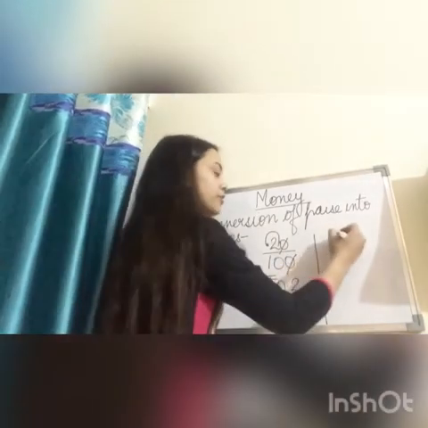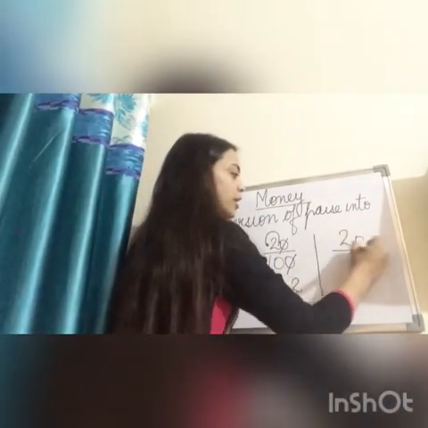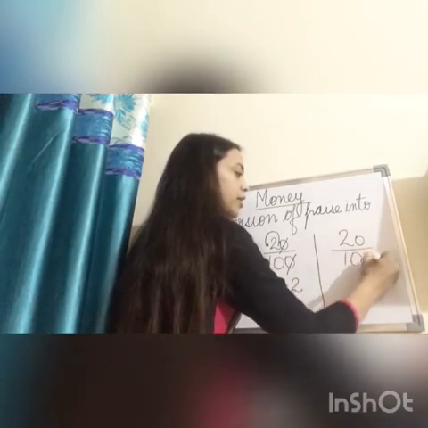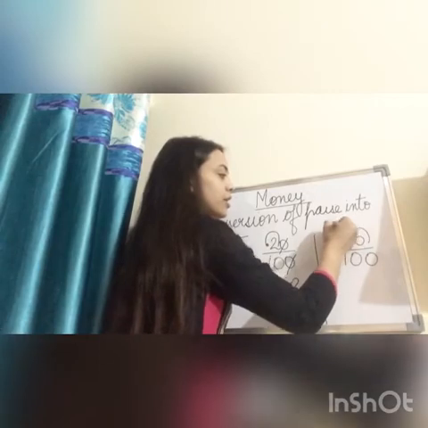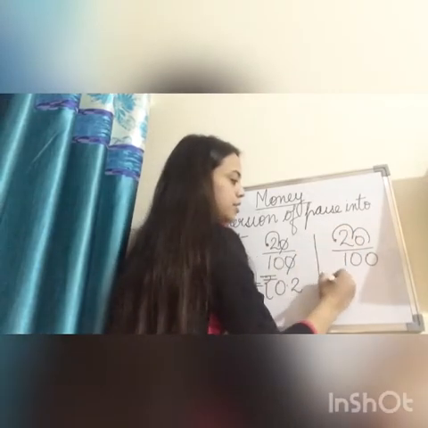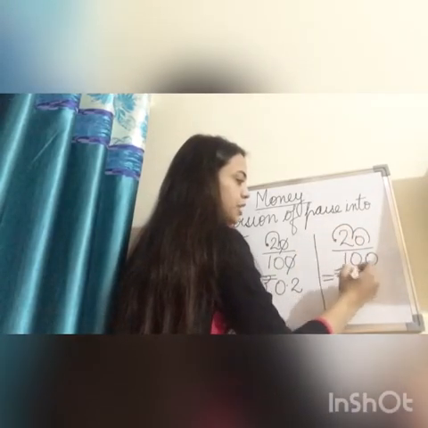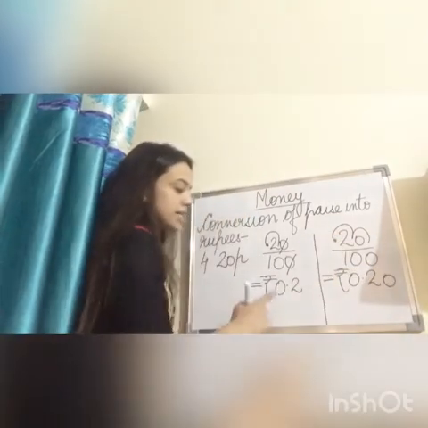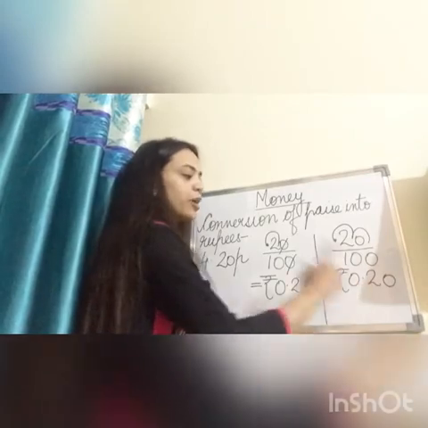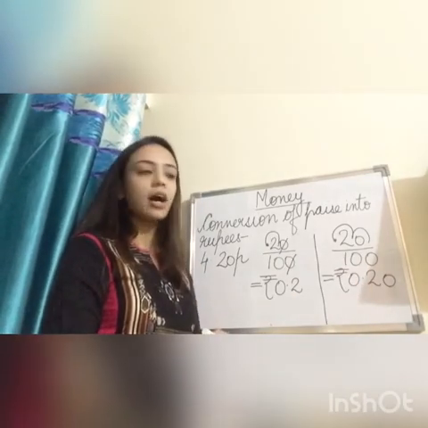And another way of doing it without cutting is 20 upon 100. So we have two zeros. 1, 2 is equal to rupees 0.20. 0.2 and 0.20, both the answers are the same.